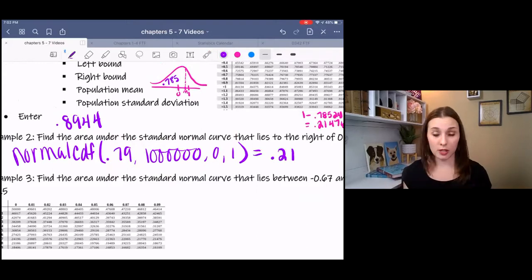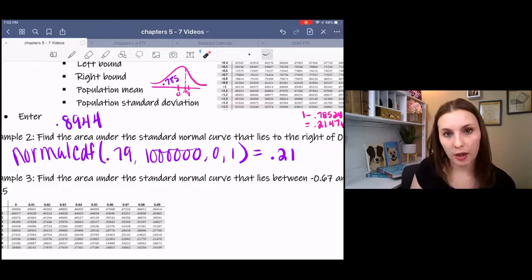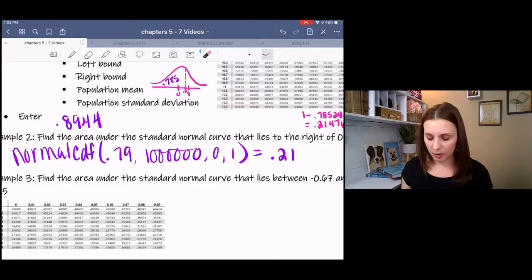You won't have to do any subtracting there because you're telling the calculator that you want this side by saying, this is my left bound, this is my right bound, which kind of signifies infinity. If you're using a TI Inspire, then you can just do infinity. And then mean, standard deviation. So if you use your calculator, you don't have to do any subtracting. You can just type it in like that and it'll give you the correct answer.